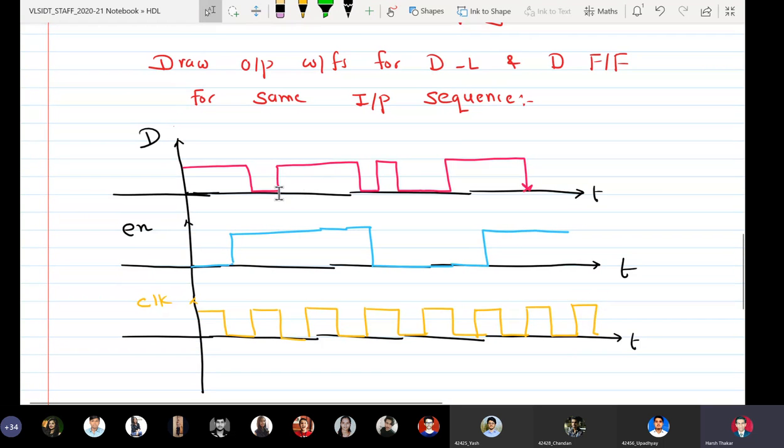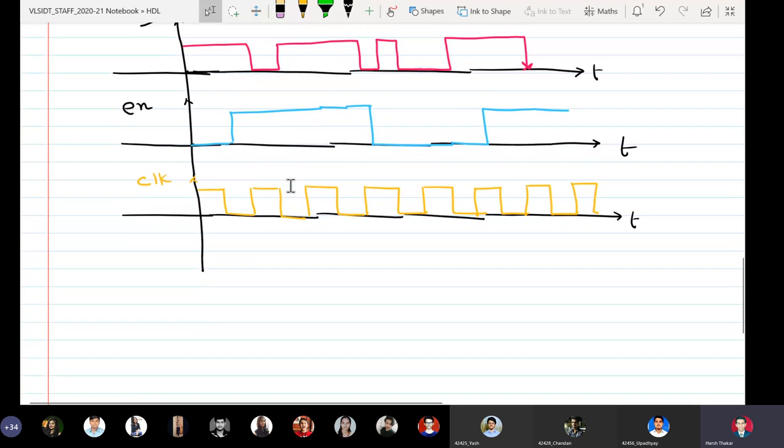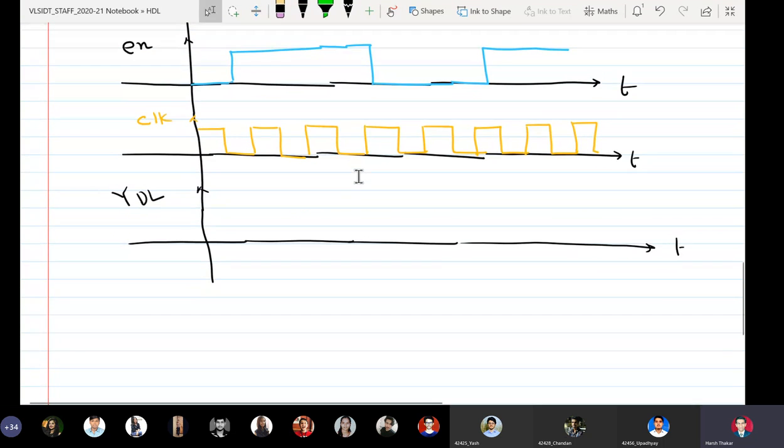So I have a sequence for D, I have an enable signal also, and there is a clock also. Now I want to draw what are the outputs for latch and flip-flop. D latch, and the last waveform is for D flip-flop.